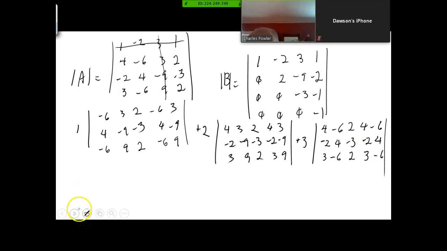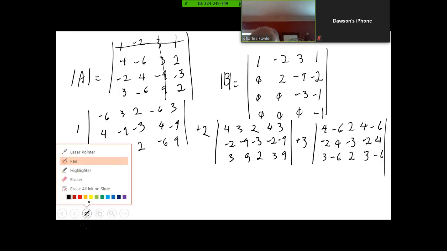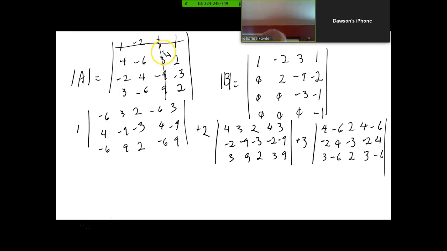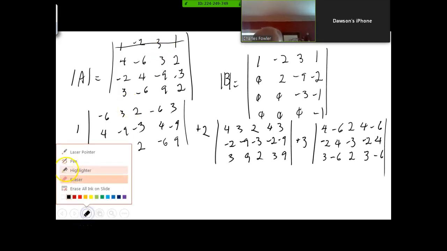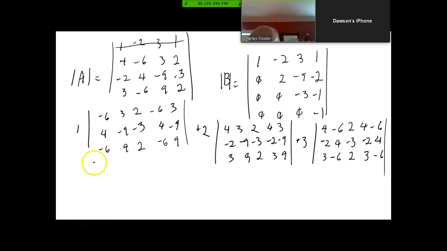One more to go. I don't know where I'm going to do all the writing that I have to do, but I'll find somewhere. Let's erase that construction line and do the last entry. And what is the sign of that position, that 1 there in the upper right corner? Positive. No, that's a negative. See, plus, minus, plus, minus. See what I mean? Upper right corner, not upper left corner.